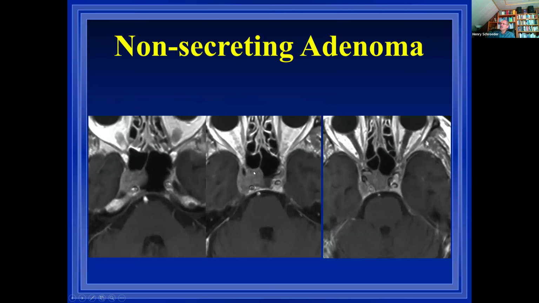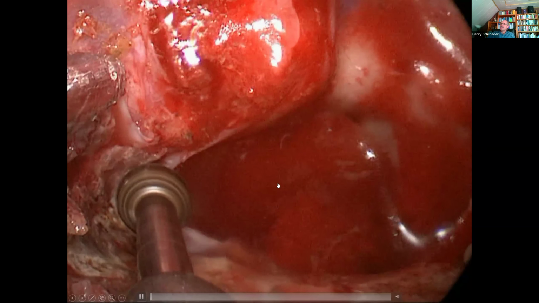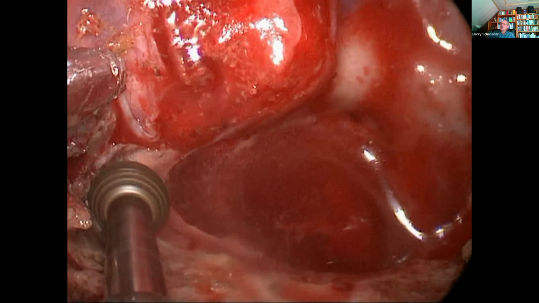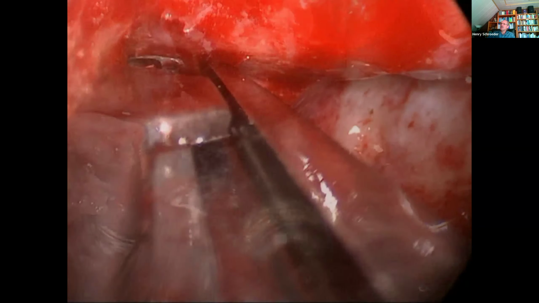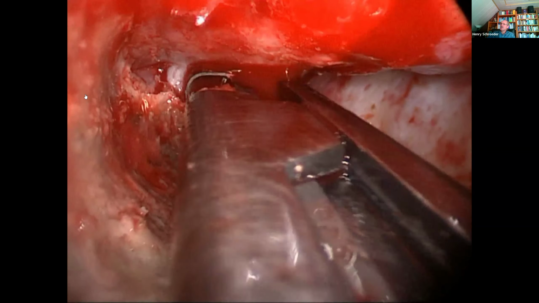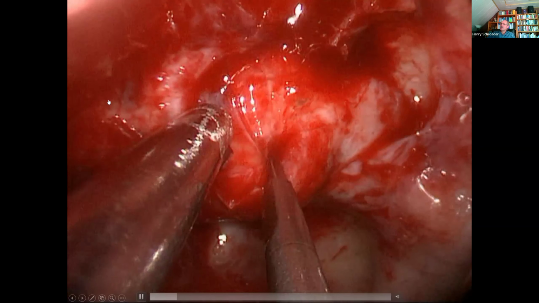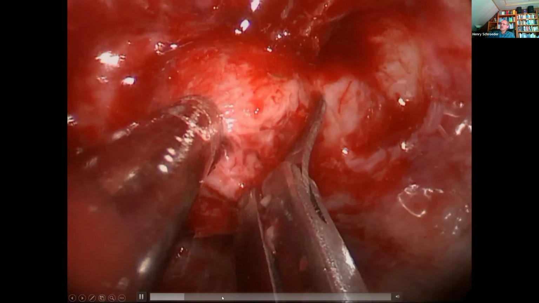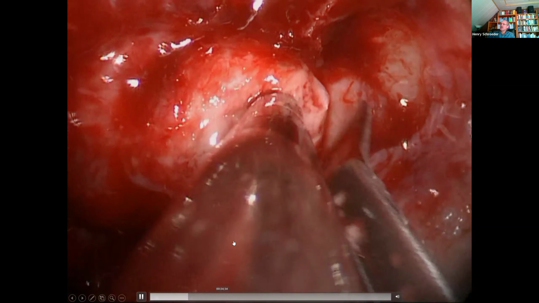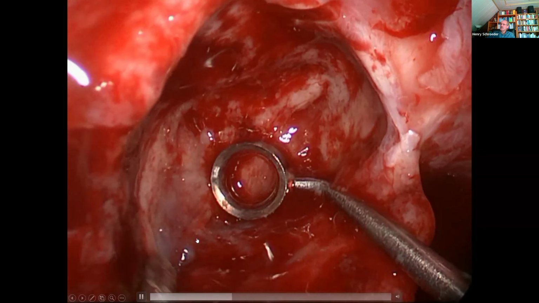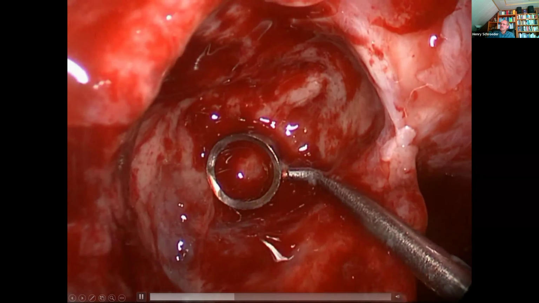Here again the carotid is completely encased, so we drill the clivus to see where the carotid goes into the sellar space. You see here the carotid is now exposed. Then we open the dura and resect the tumor. First, we have a 0-degree endoscope, and then the tumor is suckable, and it's easy to follow.